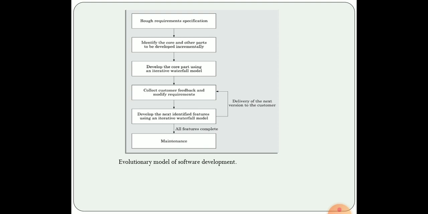Develop the core part using an iterative waterfall model. Note that the core part is developed using the iterative waterfall model, so the iterative waterfall model forms the basis for the evolutionary development model.